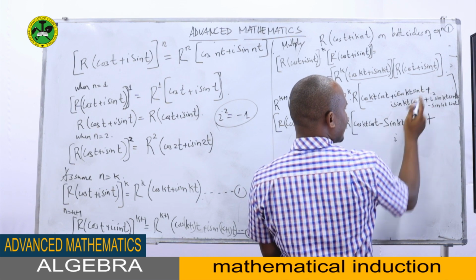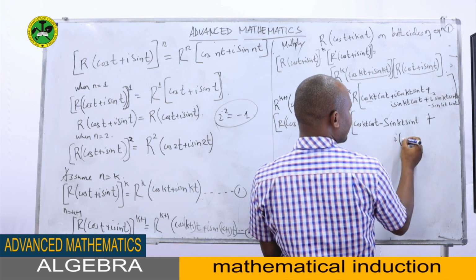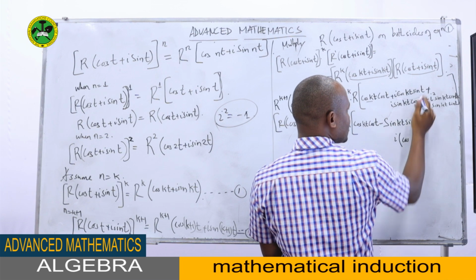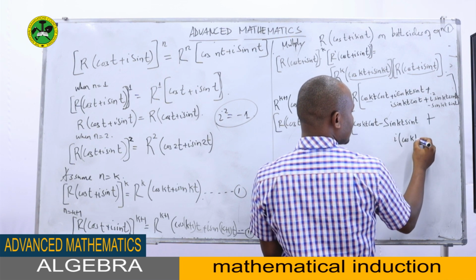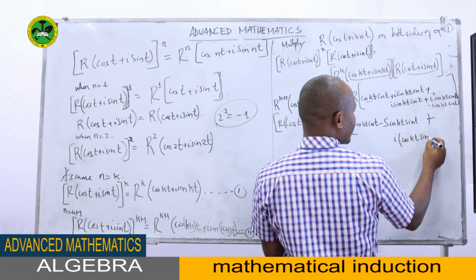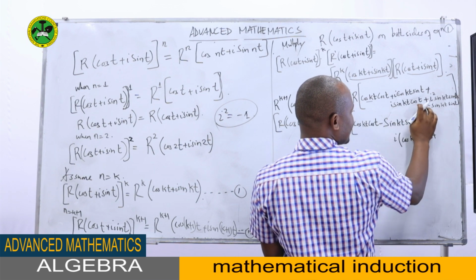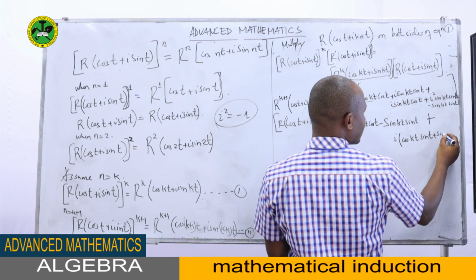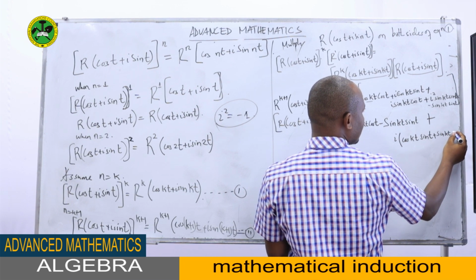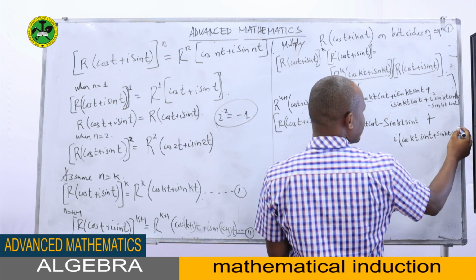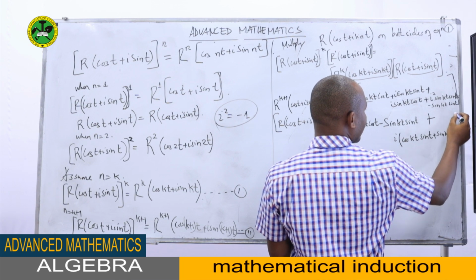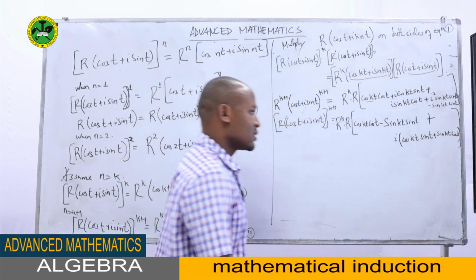this one and that one. We have cos kt sin t, plus this one, that is sin kt cos t.